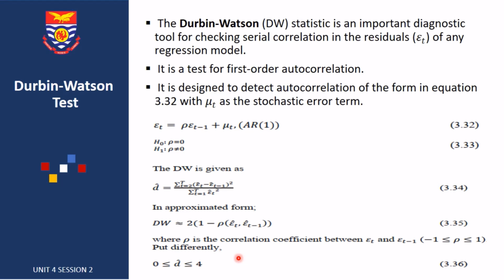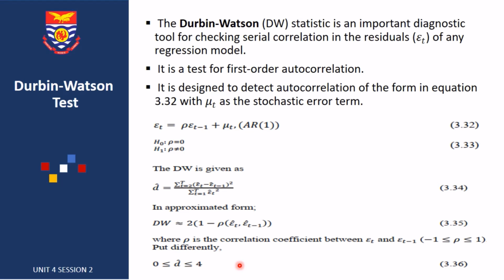With critical values, the null hypothesis is rejected and the existence of positive autocorrelation presumed if the Durbin-Watson statistic is less than the lower critical value. On the other hand, the null hypothesis is rejected and negative autocorrelation presumed if the Durbin-Watson value is greater than 4 minus the lower critical value.